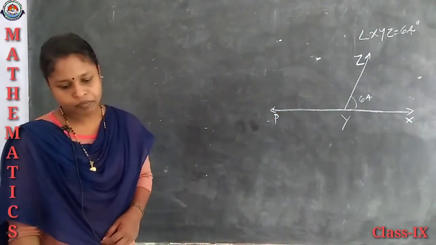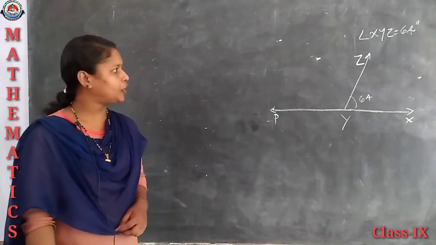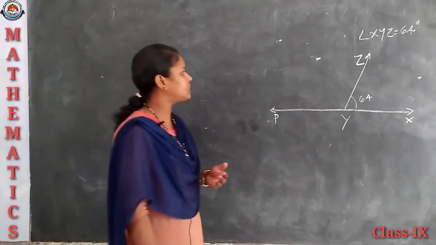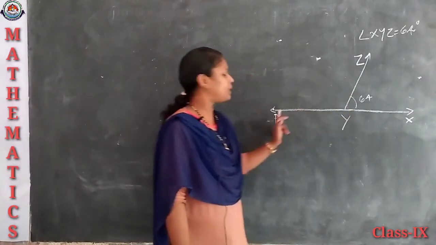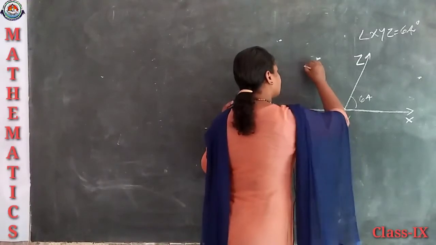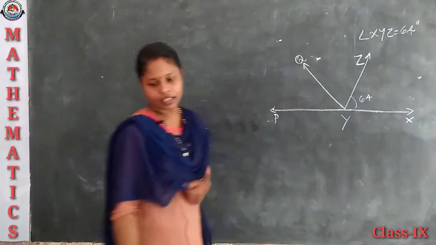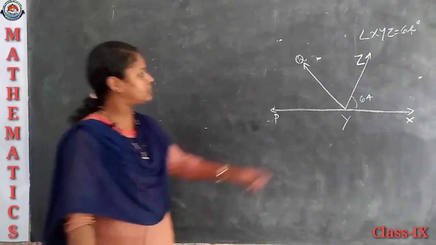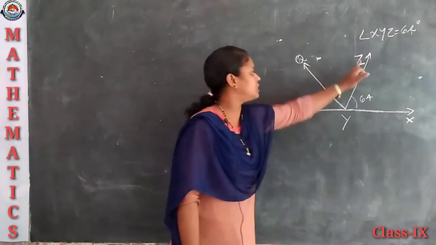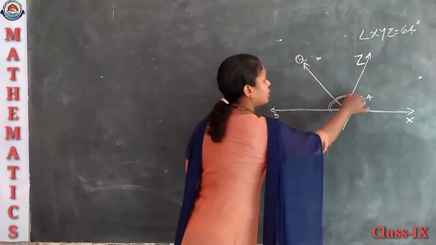Next, if ray YQ, we need one more ray YQ, bisects angle ZYP. ZYP means this line, so we need to draw a ray YQ. This YQ is bisecting ZYP, which means these two angles are equal.